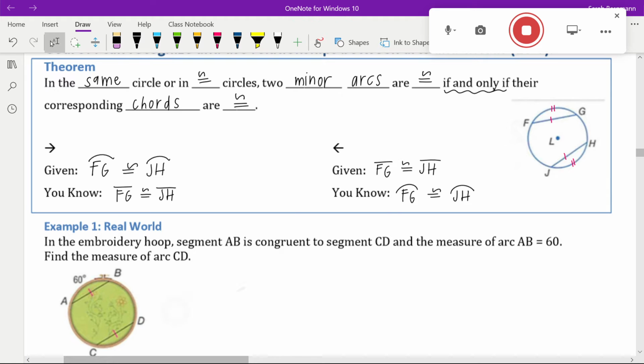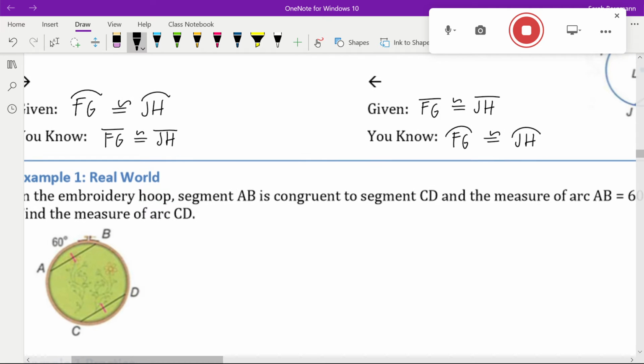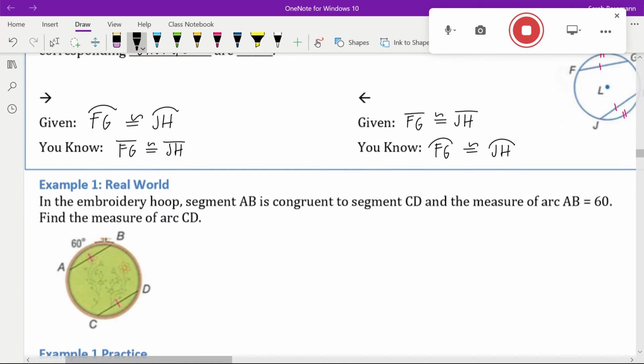Let's try an example together. It says in the embroidery hoop, segment AB is congruent to segment CD, and the measure of arc AB equals 60. Find the measure of arc CD. Since we know that segment AB is congruent to segment CD, I can also conclude that arc AB is congruent to arc CD.